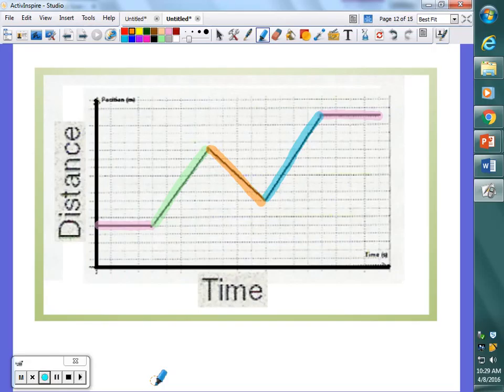During the blue section and the green section, the object has the same velocity. The velocity of green and the velocity of blue are the same. True or false?